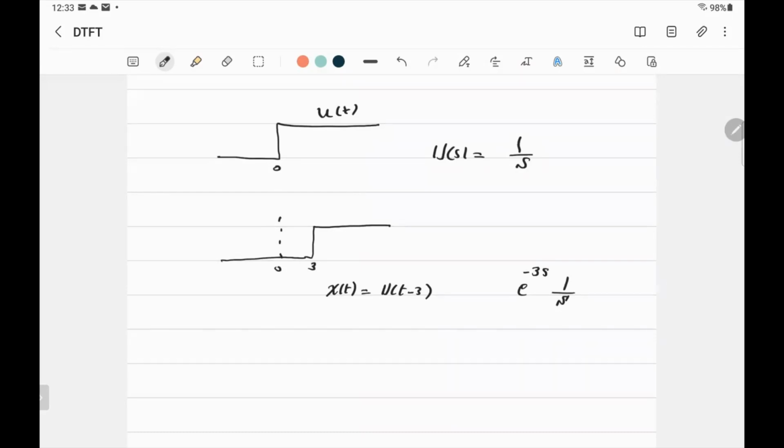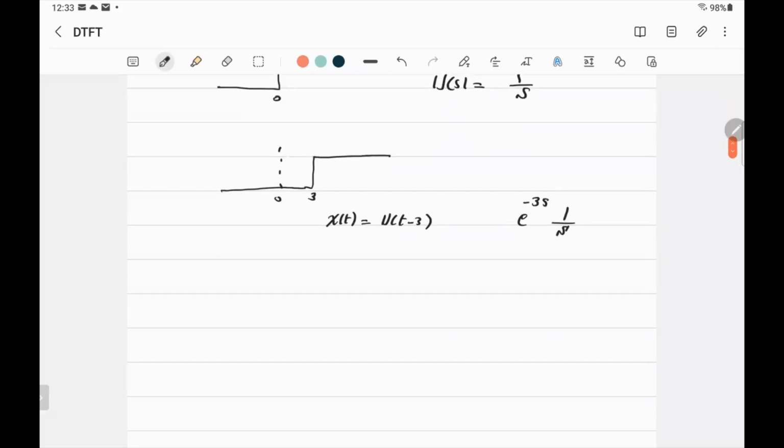What about if you have a different function, not a unit step, like one like that? Let's say, what's the Laplace for the function e to the power of minus t times u of t? That would be equal to, from the table, 1 over s plus 1.